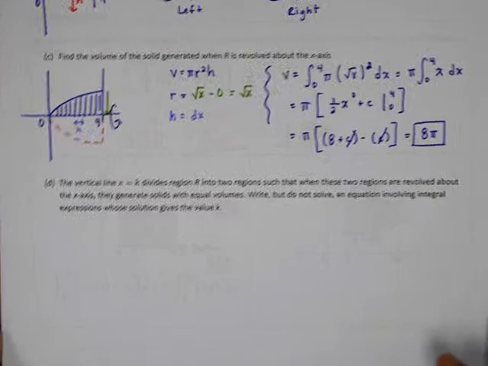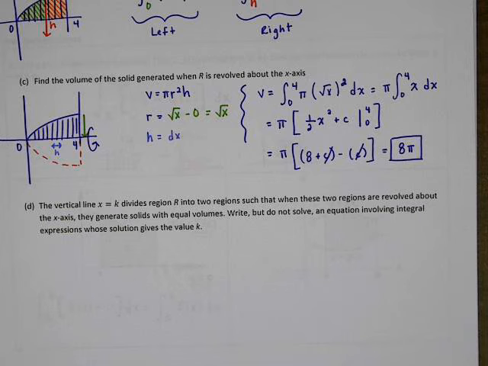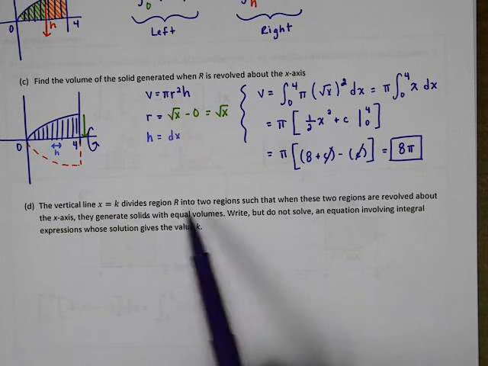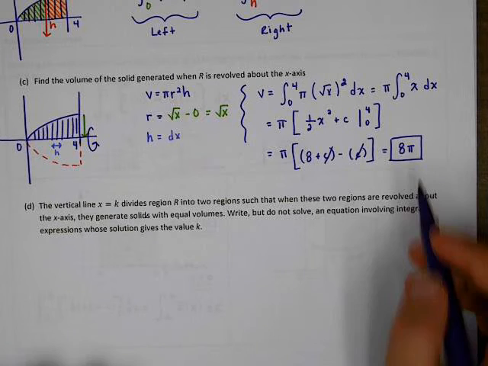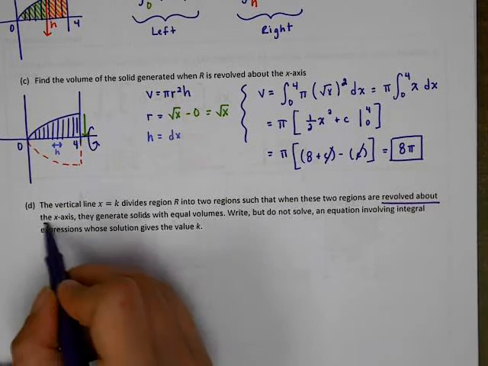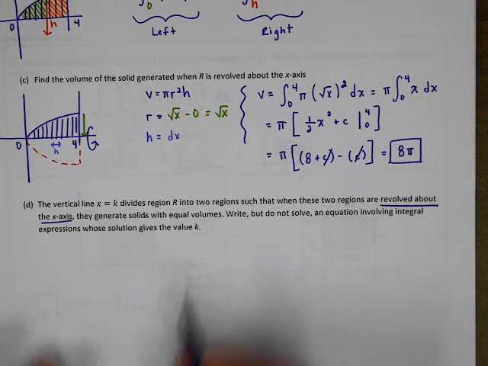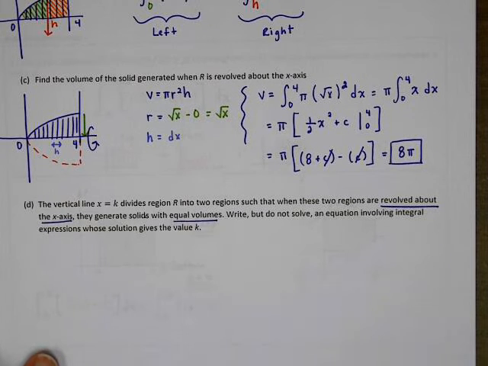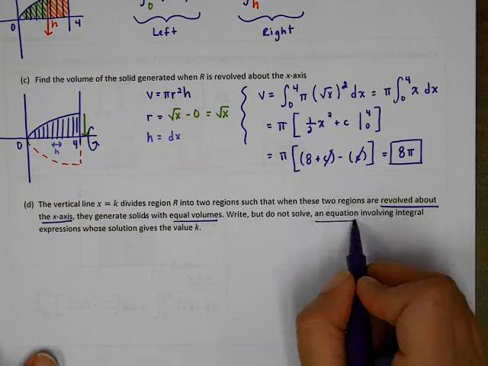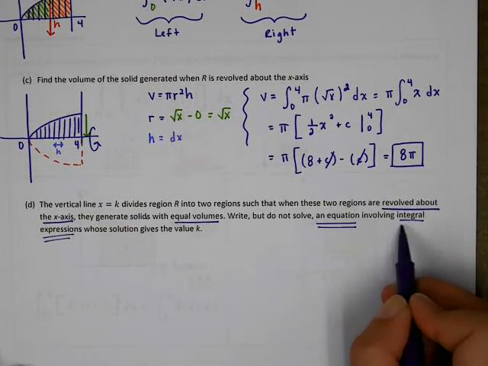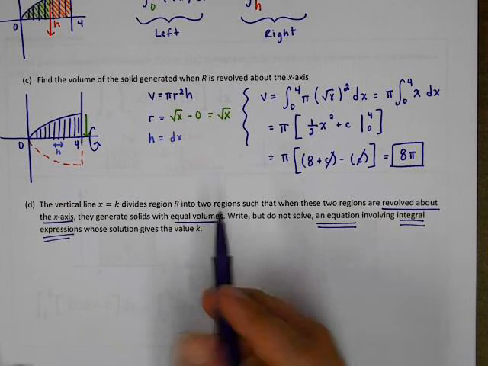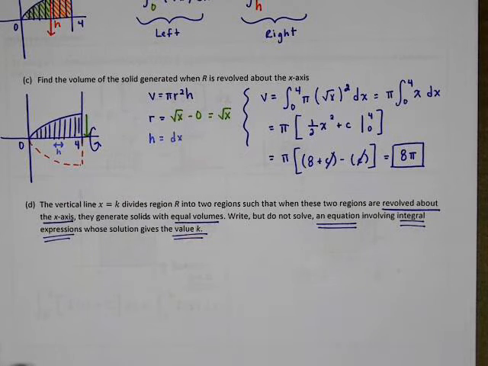Finally, in part D, the vertical line x equals k, so there's a new vertical line, divides region R into two regions so that when those two regions are revolved around the x-axis, we get equal volumes. Write but do not solve an equation involving integral expressions, so there should be integrals in there, that give the value of k.